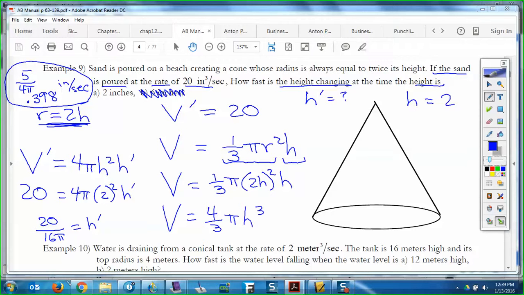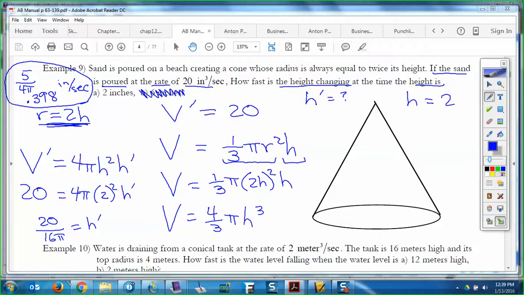Make sense? So in a cone problem, you've got that r and that h in there, but they are related. Because of the way a cone works, the r and h are going to be similar triangles, kind of in proportion to each other. And so you can usually make a substitution that gets it down to one variable, and that's usually better. But again, you don't have to. You could do a product rule on this, and then use that information.